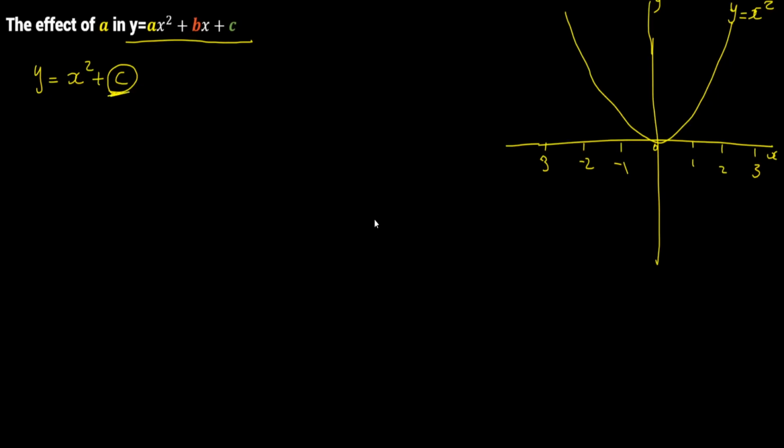So we want to see the effect of c on your parabola. And so we're going to take c equal to 1. So we have y equal to x squared plus 1. And we can do the same thing here.